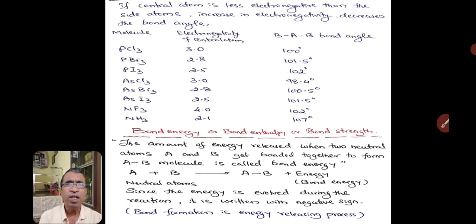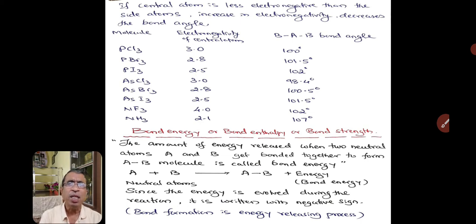If I take nitrogen trifluoride, the electronegativity of fluorine is 4.0, and in ammonia the electronegativity of hydrogen is 2.1. Because of this, in NF3 the bond angle is 102 degrees, whereas the bond angle in ammonia is 107 degrees.